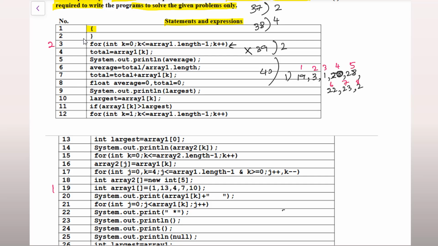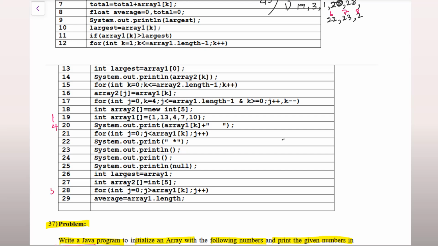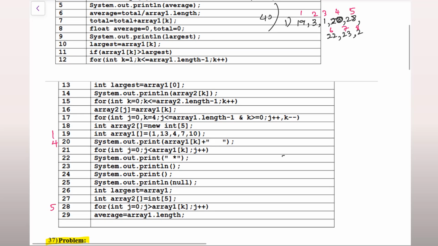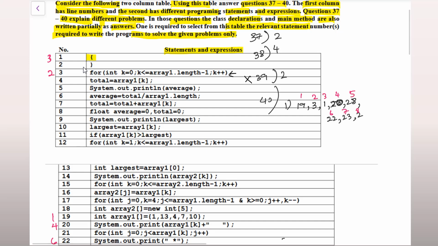The third statement is 1, and then fourth is 20, that looks good, to 20, 28, yeah, and then 22 and 23 and 2. Okay, so that's the 8th statement.